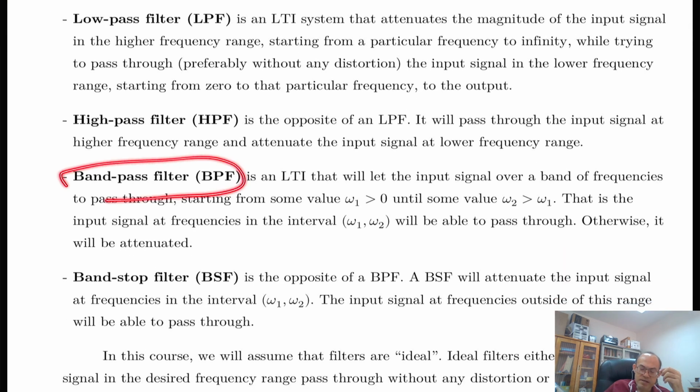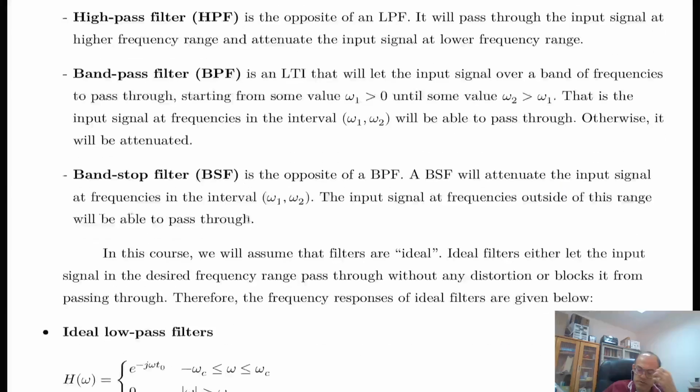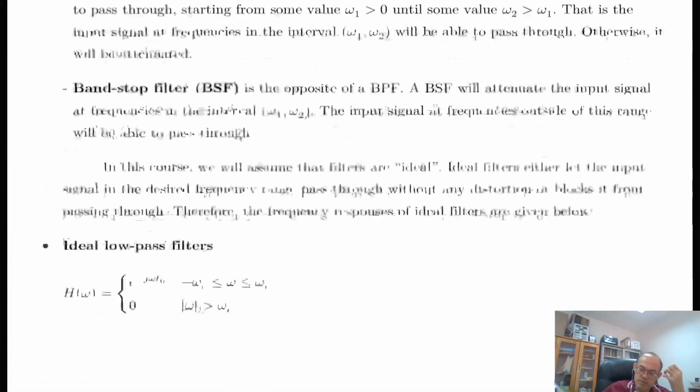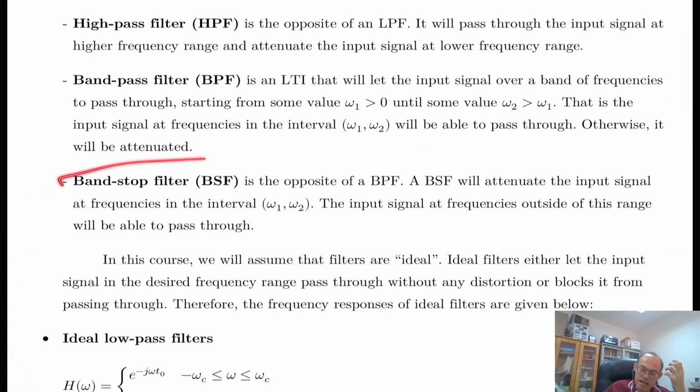Band pass filter means that it passes through input signals that are in between a band of frequencies, starting from some value until some value. Okay, so another one is called band stop filter.